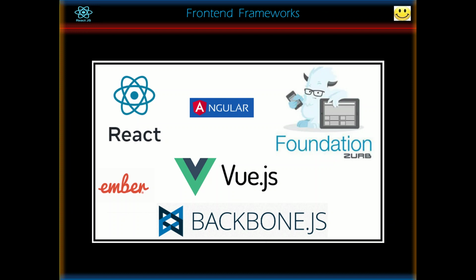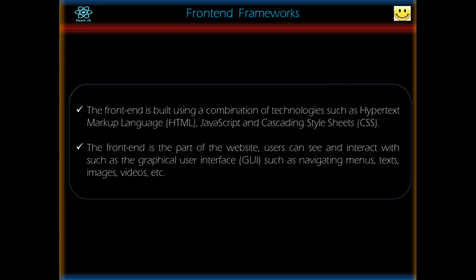Here you are able to see the front-end frameworks: React, Ember, Backbone.js, Vue.js, Angular, Foundation. The front end is built using a combination of technologies such as HTML, JavaScript, and CSS.